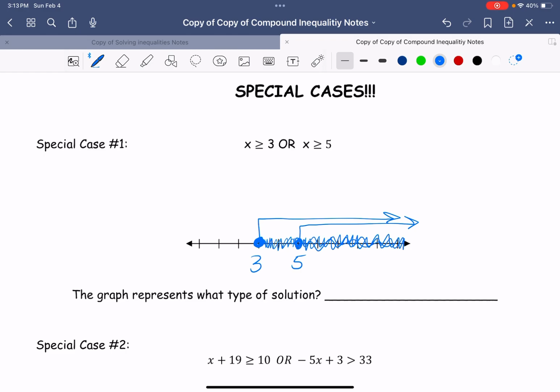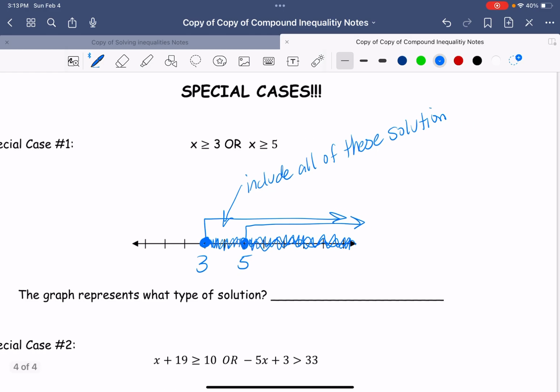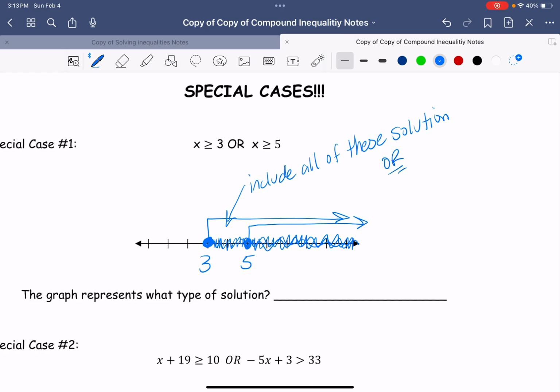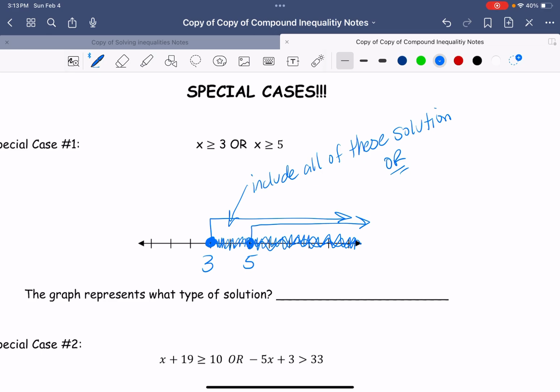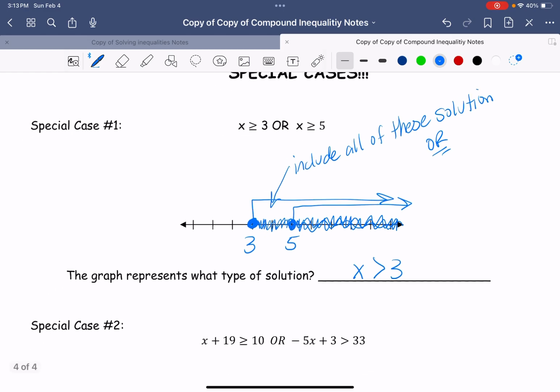So in the or case, you're going to also include all of these solutions. We didn't do it before because it had to be both of them, but this is an or, okay? So this particular graph represents this solution. x is really greater than 3. All of those possible solutions apply in this case.